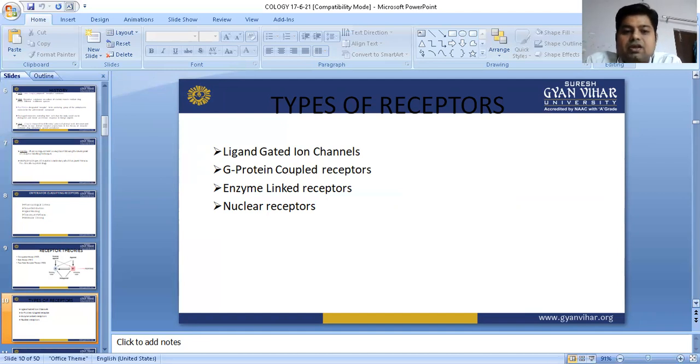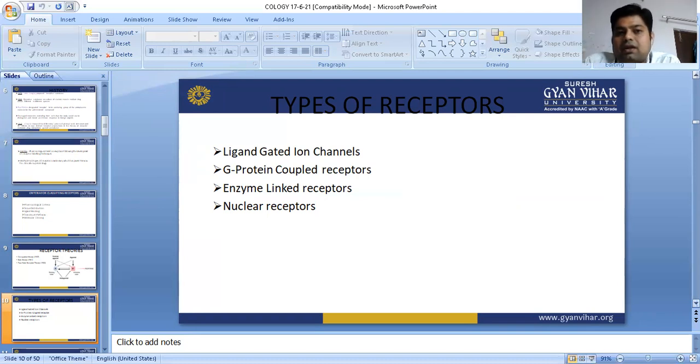When the drug binds with these receptors, they give the response after some hours, like 5 to 10 hours, taking some time.